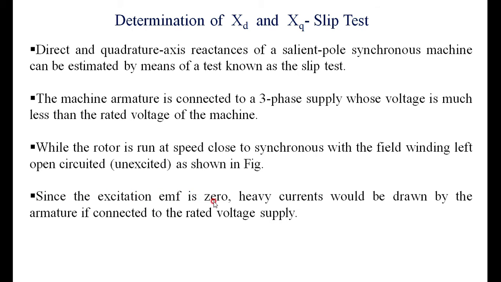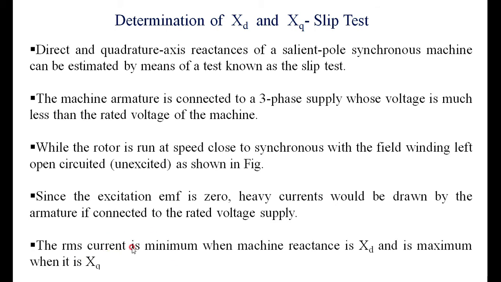Since the excitation EMF is 0, heavy current would be drawn by the armature if connected to the rated supply voltage. That is why you have to apply a smaller voltage to the armature. The RMS current is minimum when the machine reactance is XD and maximum when it is XQ.